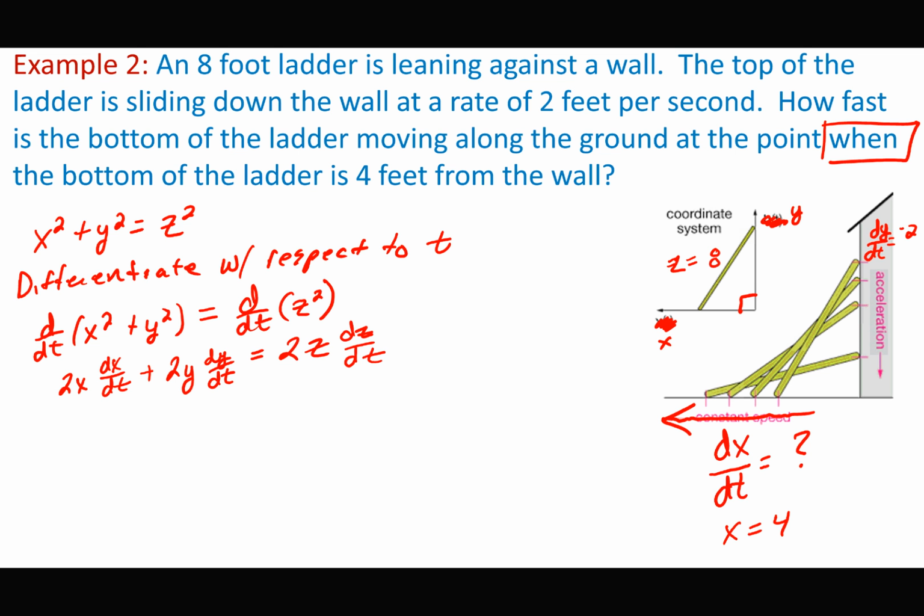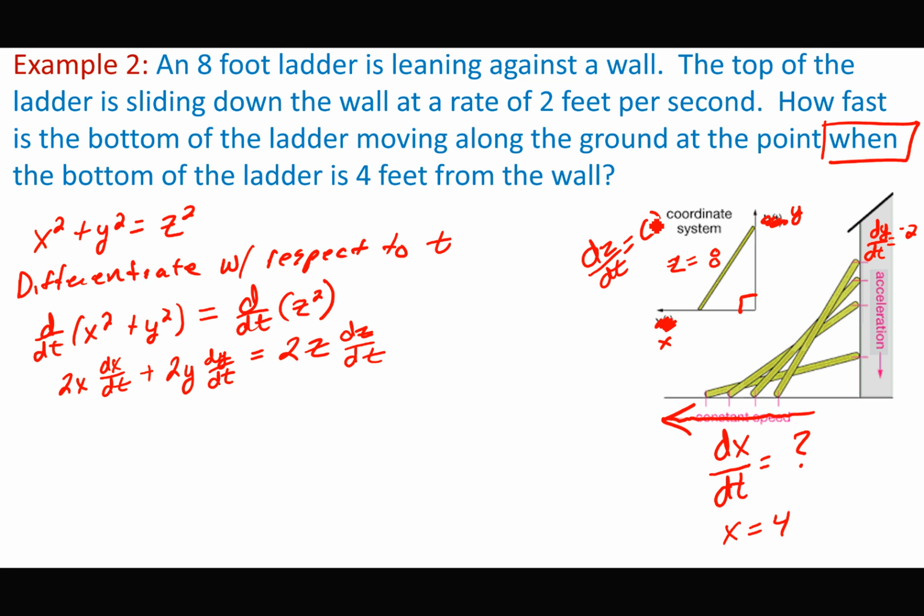Okay. What is dz/dt, or what does dz/dt even mean? dz/dt would be the rate of change of the ladder. The ladder is not changing at all. The ladder is a constant length. It doesn't matter, it's just going to stay that constant length.